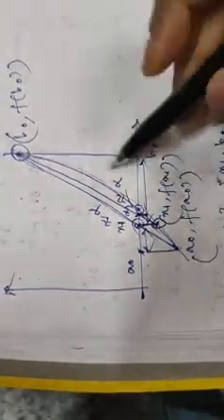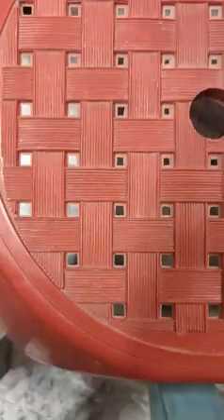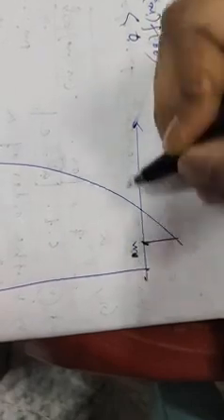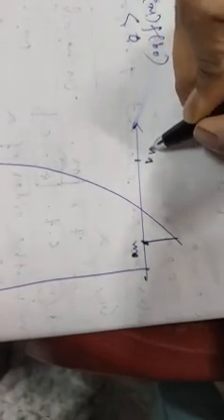Now if I draw this picture again, it will look like this. This is our curve. At the nth step, suppose this is the a endpoint and this is the b endpoint.